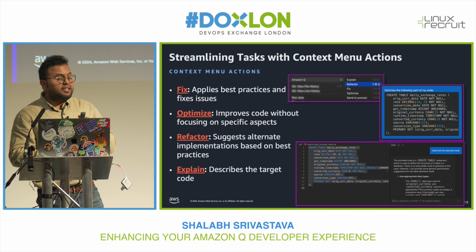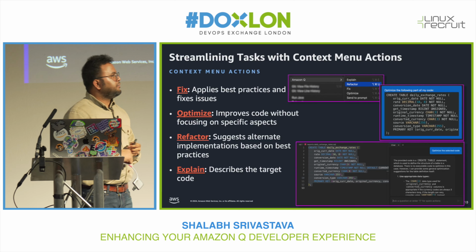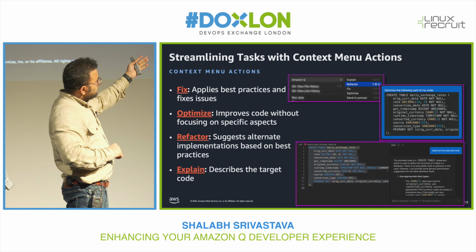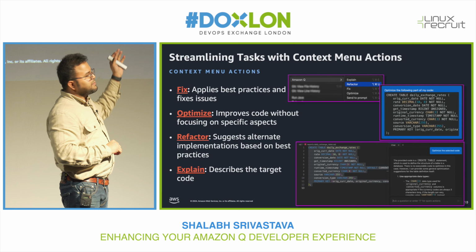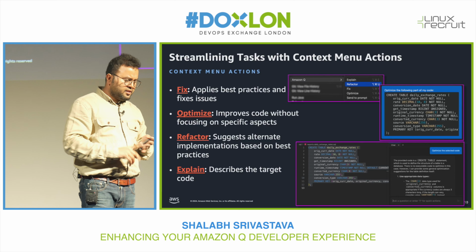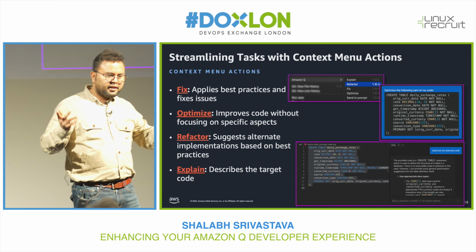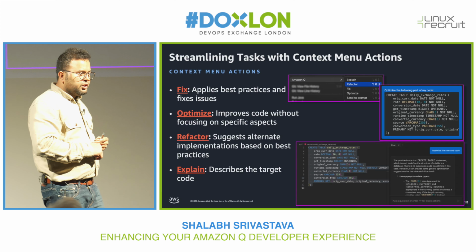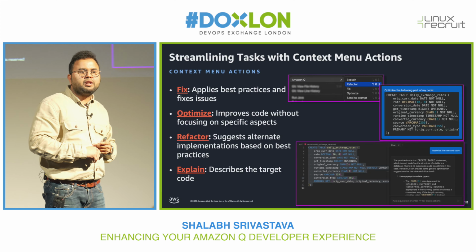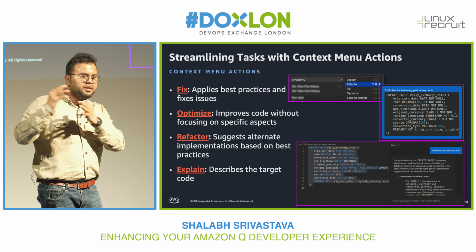The key point here is optimize. What is optimize, Shalabh? Optimize will optimize my code. For example, you have a code block here that is doing a currency conversion, say from GBP to INR. We know the input will be 3 characters, GBP.